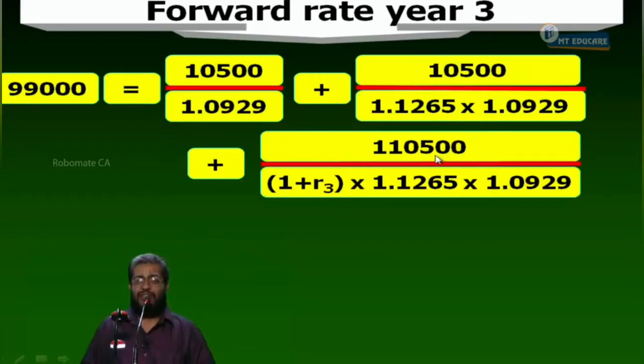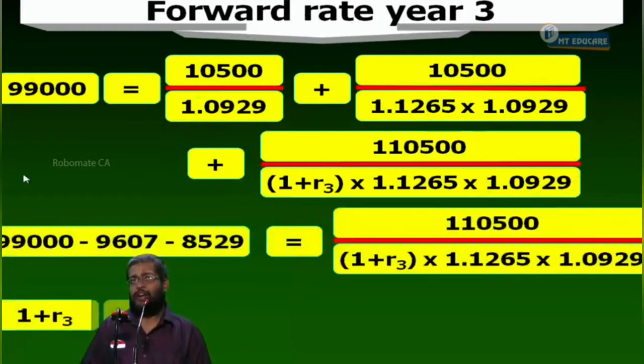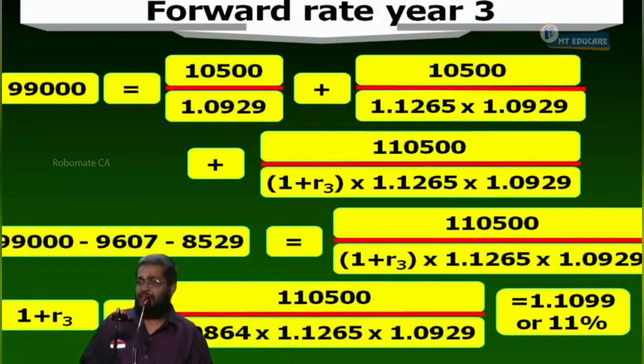The 1,10,500 is received at the end of the third year, discounted at R3 to bring it to the second year, discounted at 12.65% to bring it to the first year, and discounted at 9.29 to bring it to year 0. All this present value should equal the value of the bond. If I solve for R3, I get 11%.